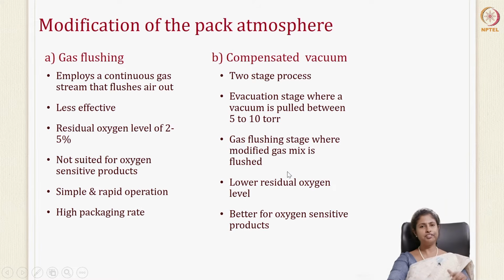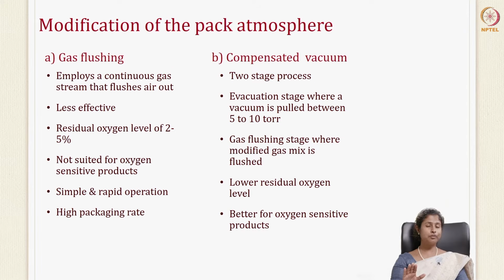Now, when you modify a gas package, there are two ways of doing it. One is gas flushing, one is compensated vacuum. In gas flushing, what they do is they continuously flush gas into the atmosphere of the package, and it replaces the air inside with the gas that you want. This is less effective. Usually you still have some oxygen left in the package, about 2 to 5%.